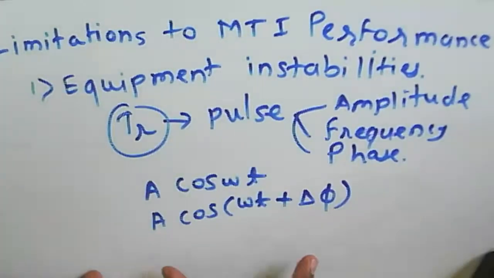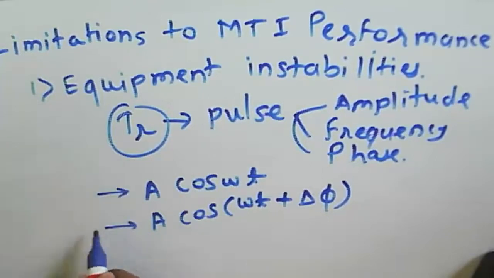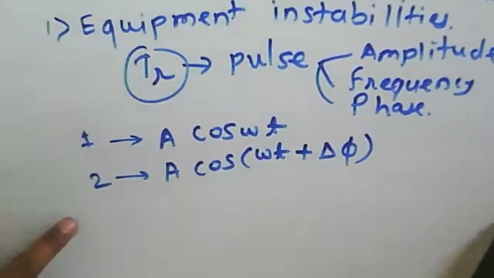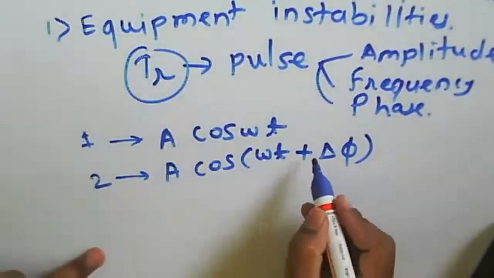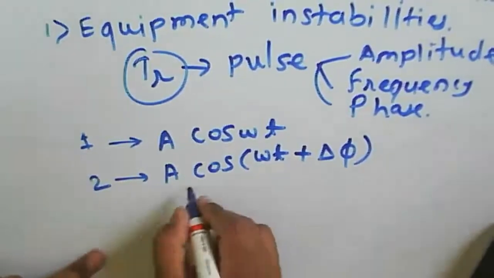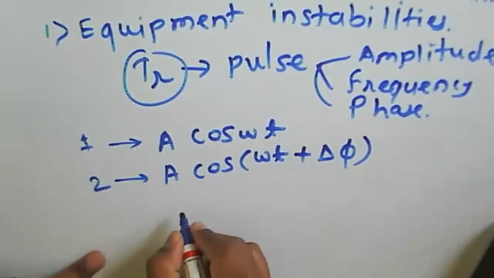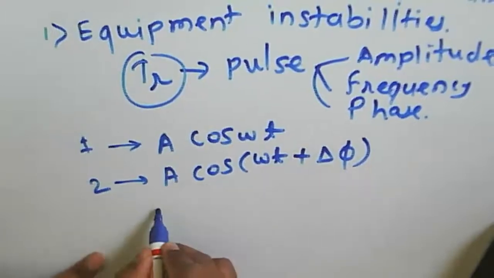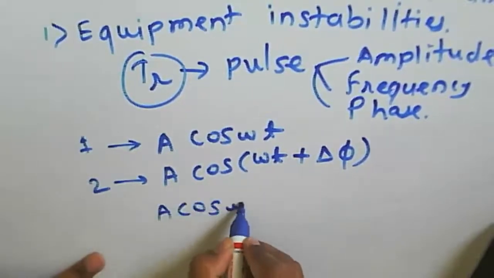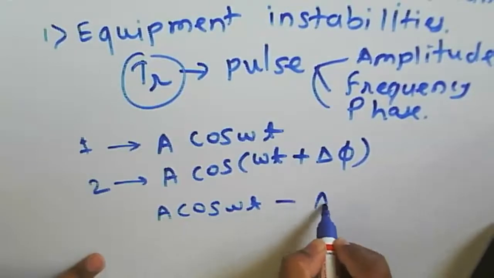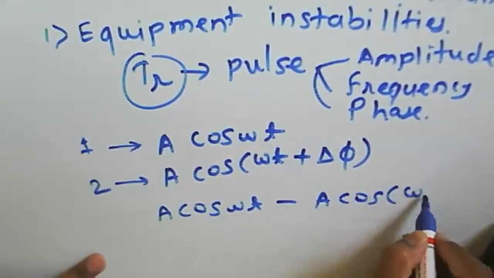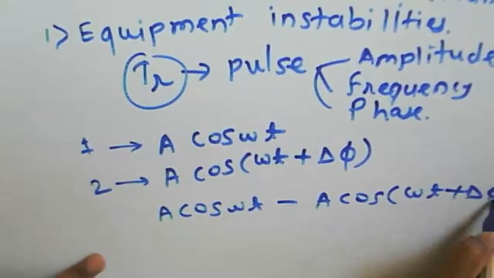So what will be the difference between these two pulses? When we transmit the first pulse we get the echo from the stationary clutter, and from the second pulse there is a variation in the phase. The difference between these two is nothing but A cos of omega t minus A cos of omega t plus del phi.